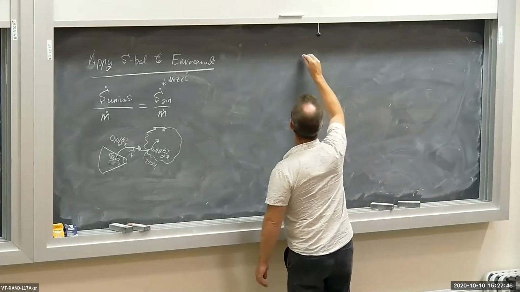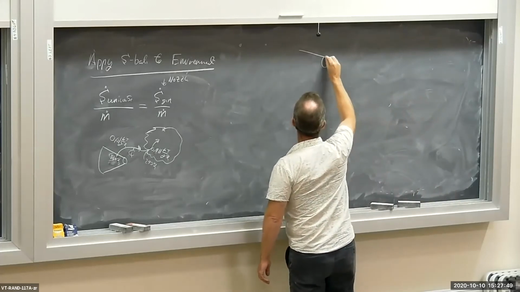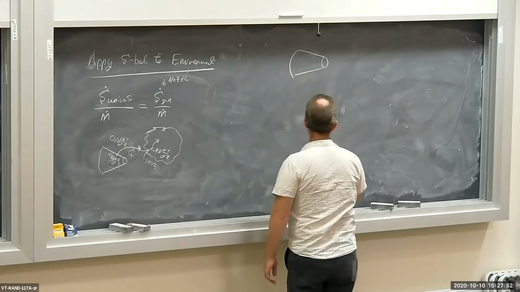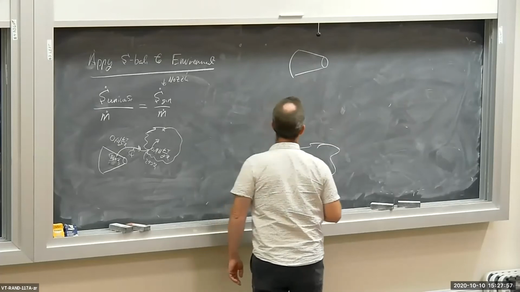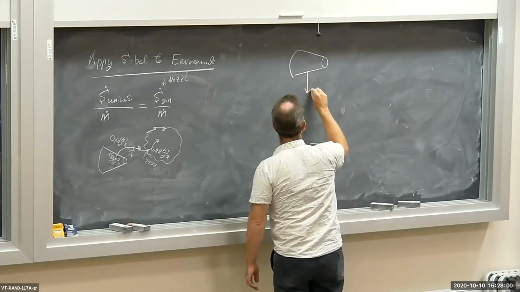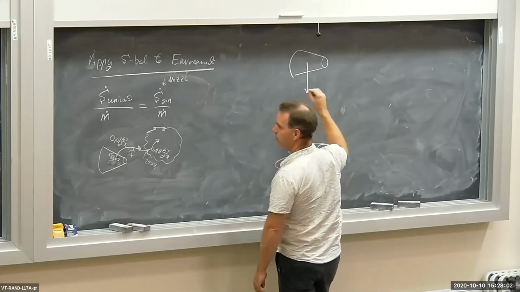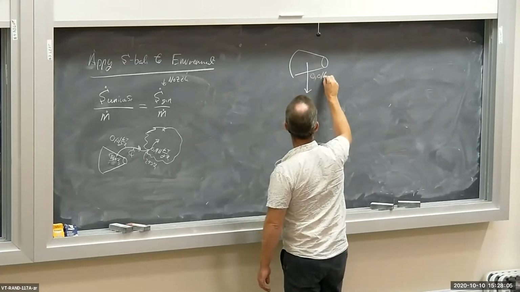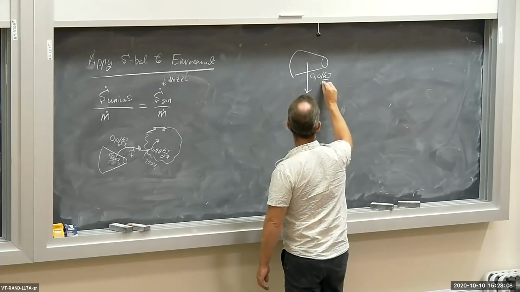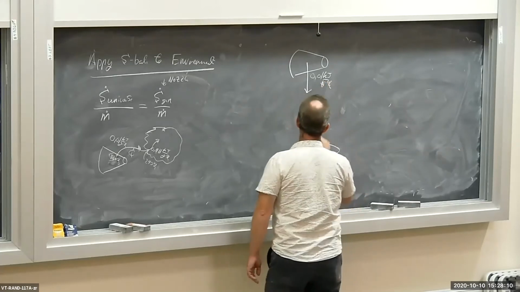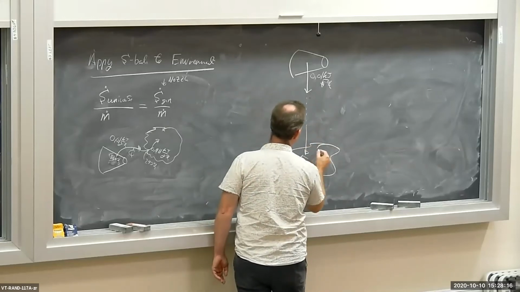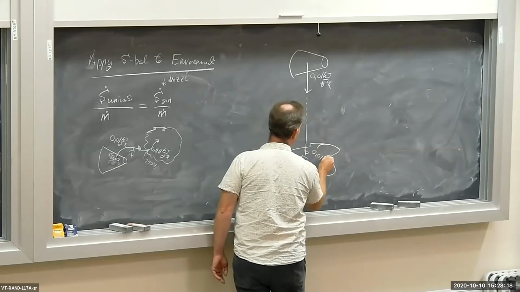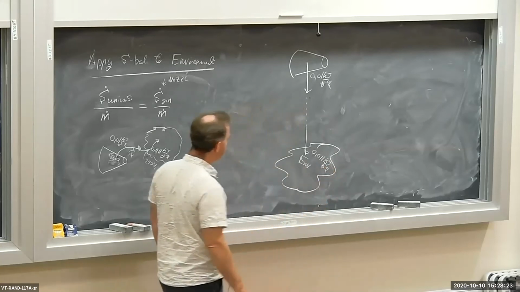So here we have my nozzle. Here we have the environment. So entropy is being transferred into this region by an amount 0.01 kilojoule per kilogram degree Kelvin, and it's being transferred into the environment at a rate of 0.011 kilojoule per kilogram degree Kelvin.